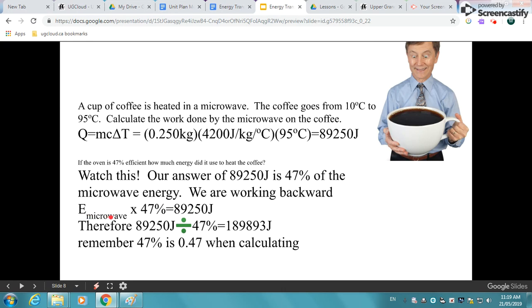So to get the energy the microwave used, we take the 47% over to this side, and we get our 190,000 joules. And percentage, when you're actually using it in a calculation, change this percentage sign to what it means, 2 decimal places removed.